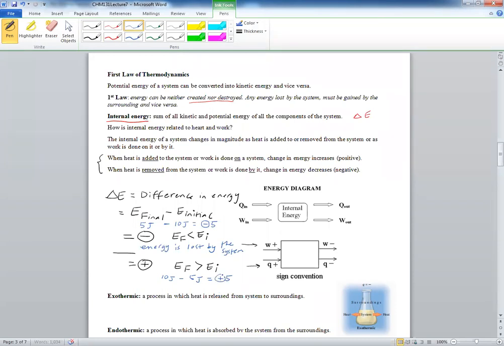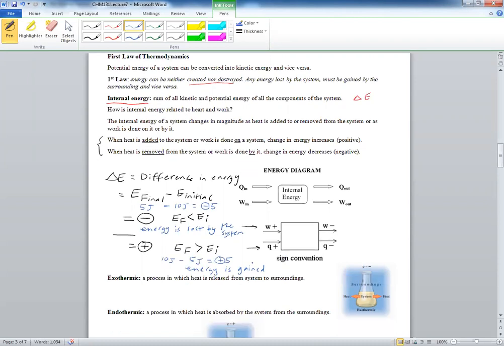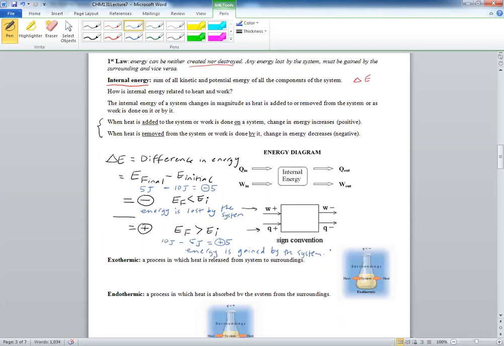Once again, positive now means energy is gained by the system, whether it's in the form of work or heat. So keep that in mind. These changes are going to have an influence on the sign of the energy.